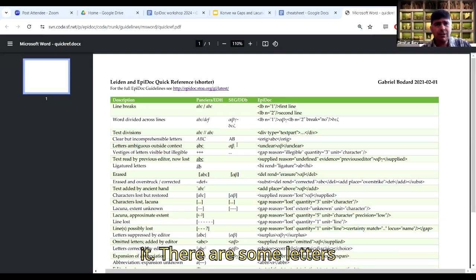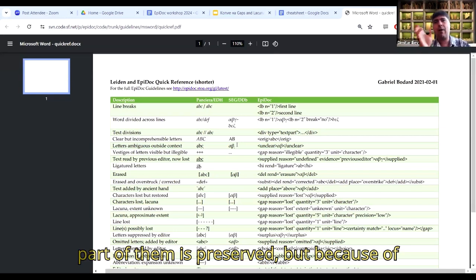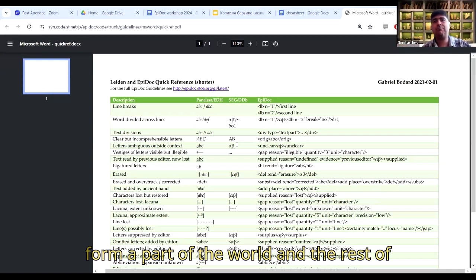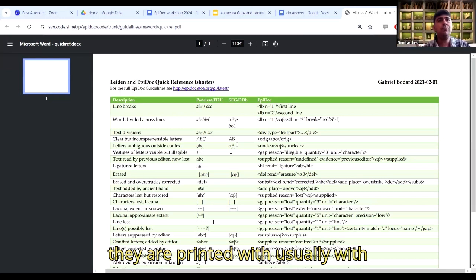There are some letters which are unclear, that are ambiguous, that are not well comprehensible. Usually only a small part of them is preserved, but because of the context, if, for example, they form part of a word and the rest of the word is clearly legible, they are printed with underdots.